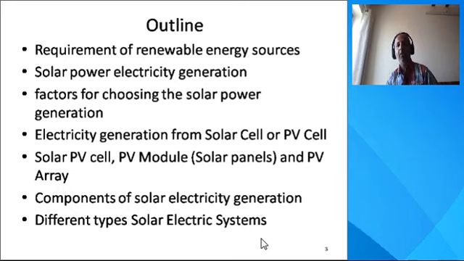The solar power is one of the renewable energy sources which we can consider. Now, why to consider the solar power generation? What are the factors behind choosing the solar power generation? We know that the solar energy is freely available to us, and we can easily convert the solar radiations into the electricity.